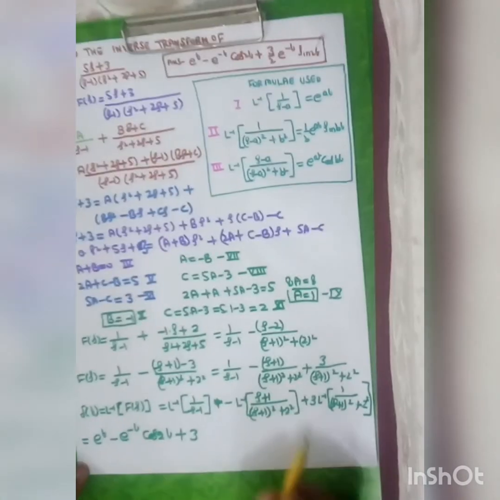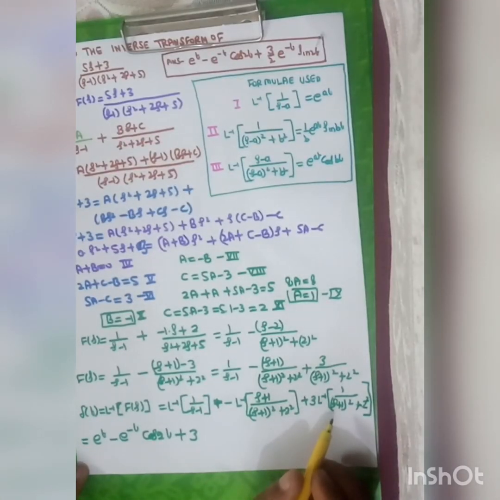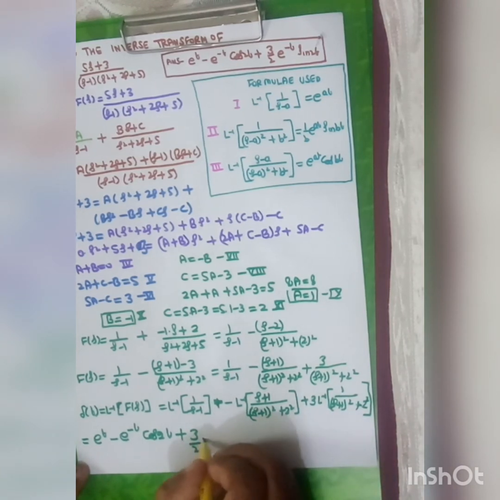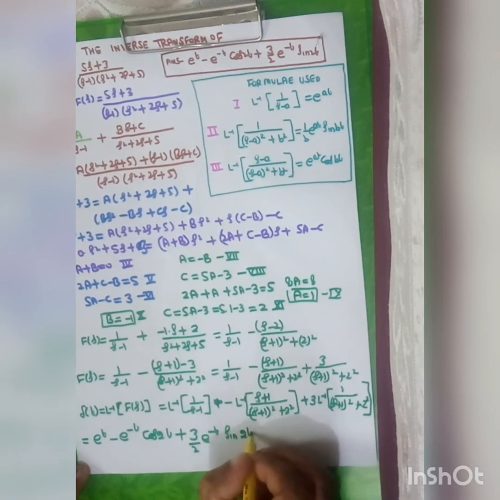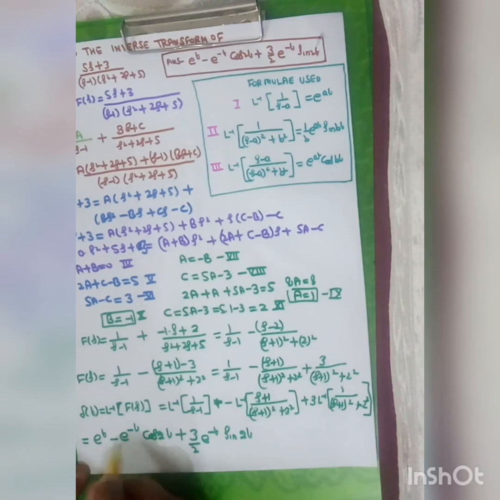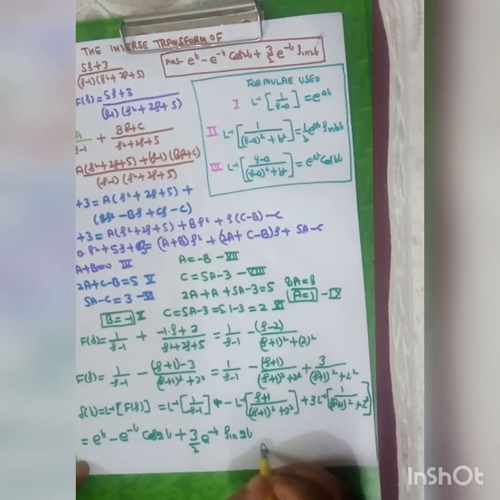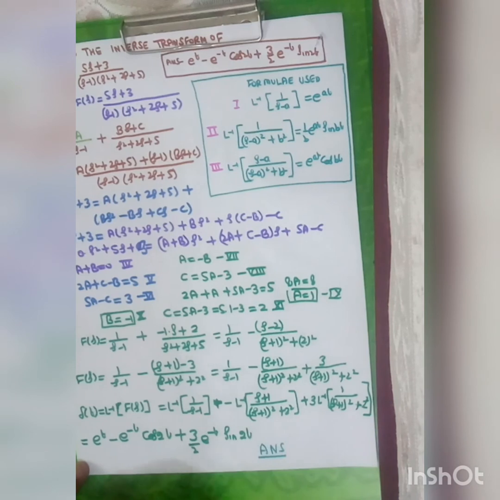On comparing it with equation 2, clearly a is equal to minus 1 and b is equal to 2. So it will be 3 upon 2 e to the power minus t sin 2t. So the answer, the inverse Laplace transform of the given function, is e to the power t minus e to the power minus t cos 2t plus 3 upon 2 e to the power minus t sin 2t. This is the answer.